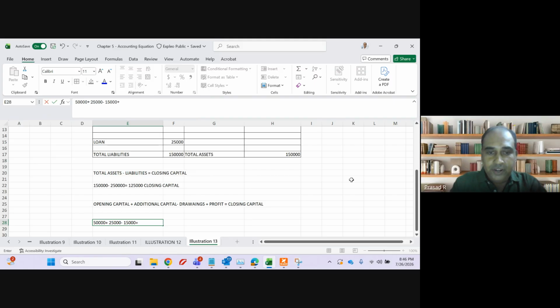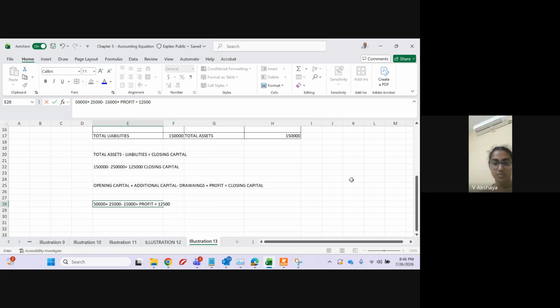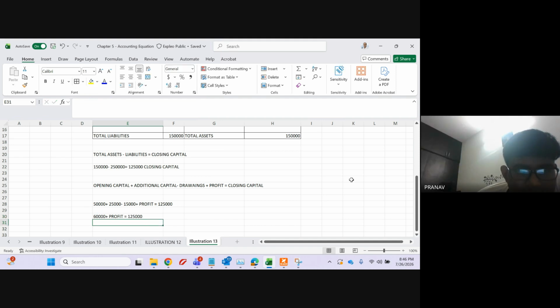I don't know my profit, so I will keep this as profit. This will be equal to closing capital. Closing capital is how much? Closing capital is 1,25,000, sir. Now, can I find my profit? 75,000 minus 15,000, 60,000 plus profit equal to 1,25,000.